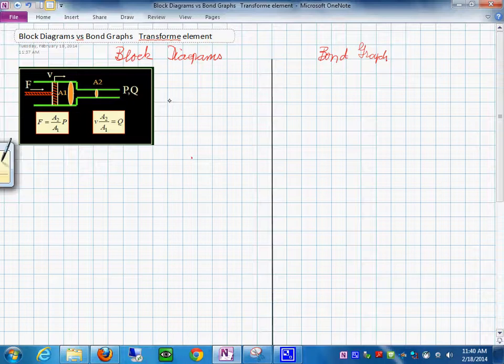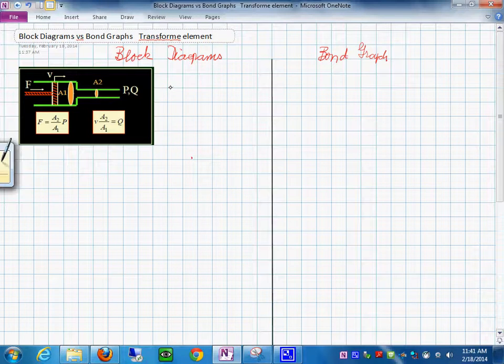The pressure is defined as the force divided by the area, right? So there is a relationship between the force here and the force over here.